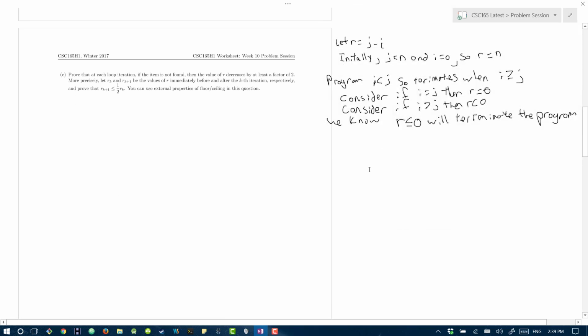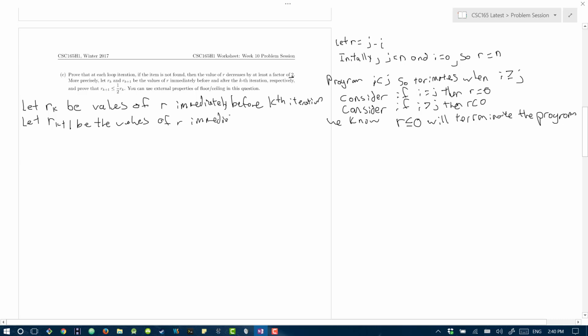Okay, so now we know that it decreases by a factor of 2, and we say r_k is the value of r immediately before the kth iteration, and we let r_{k+1} be the value of r immediately after the kth iteration.